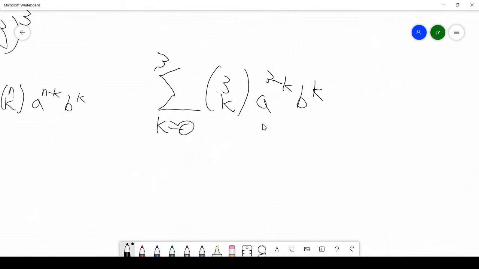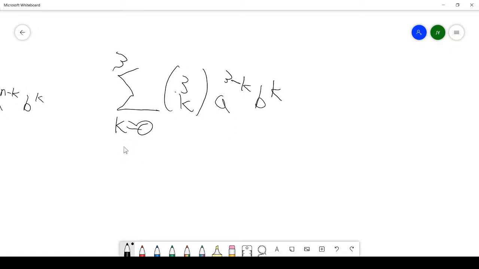And when you write stuff like this out, you write it out something like 3 choose 0, a to the 3 minus 0, so just 3, and b to the 0.